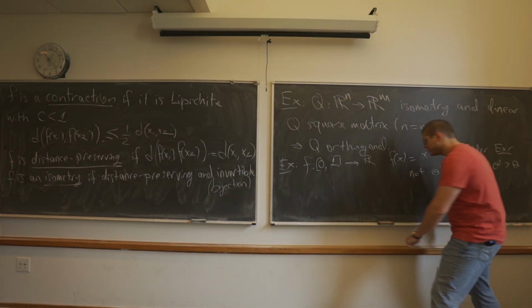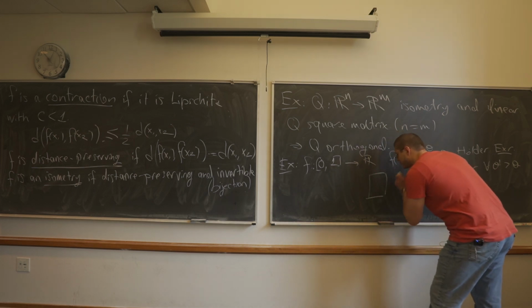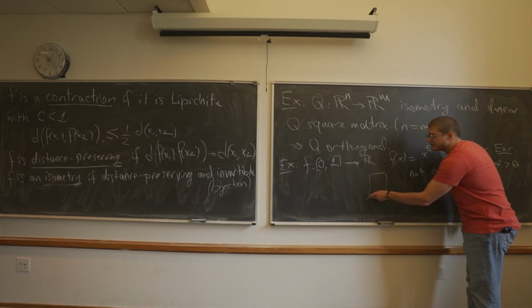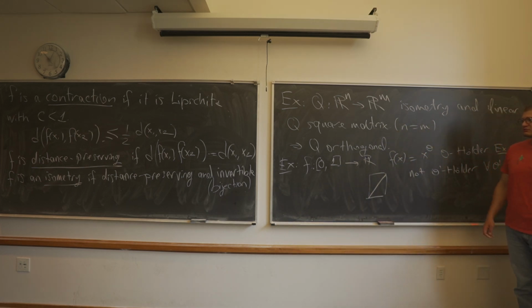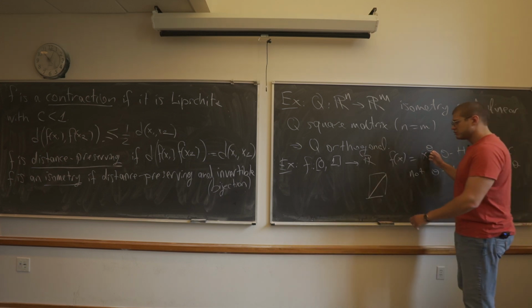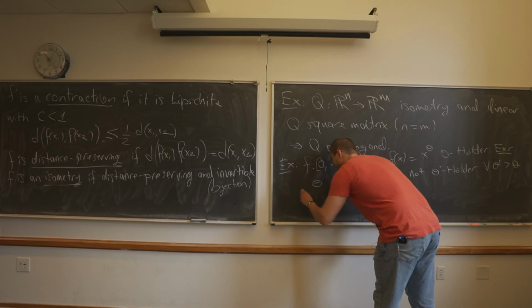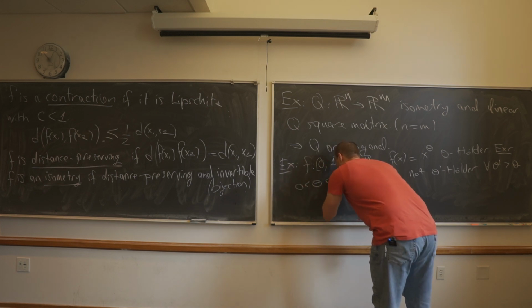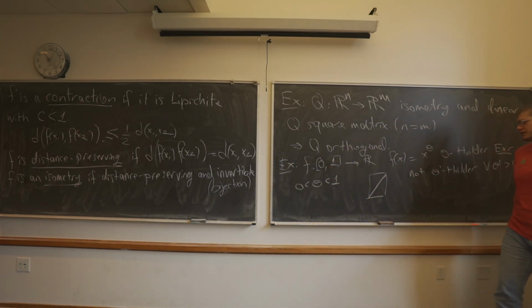So how does this look? It's between 0 and 1. If theta were 1, I would have the diagonal line. If theta were less than 1, let's say x squared. Hang on. I want to say theta is between 0 and 1 here.